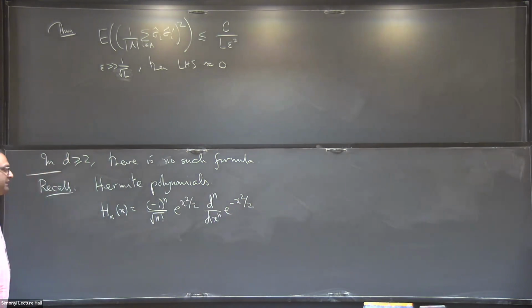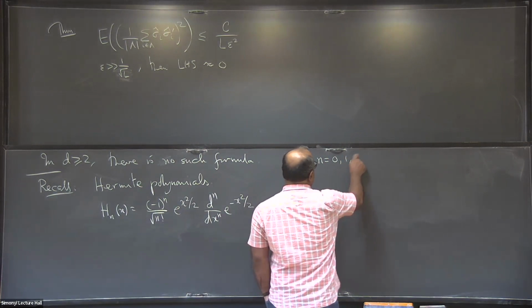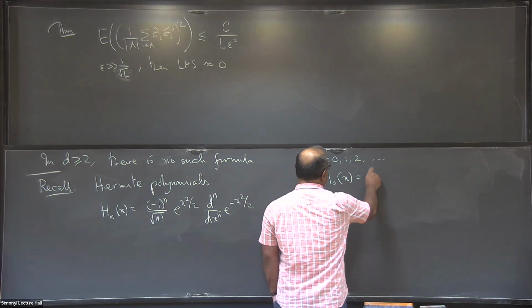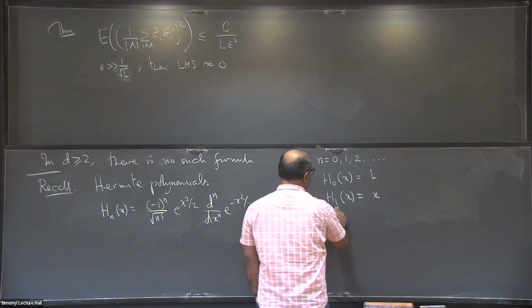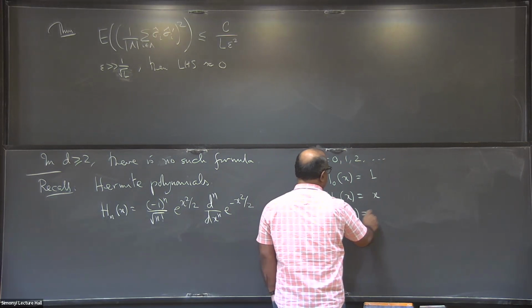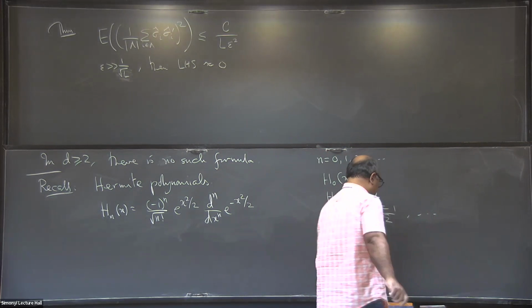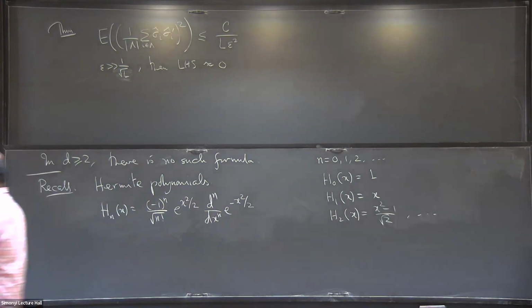And these are polynomials for n equals 0, 1, 2, and so on. So the first few are H0(x) is 1, H1(x) is x, H2(x) is (x squared minus 1) over root 2, and so on. So Hn(x) is a polynomial of degree n. You can check that it's a polynomial of degree n.